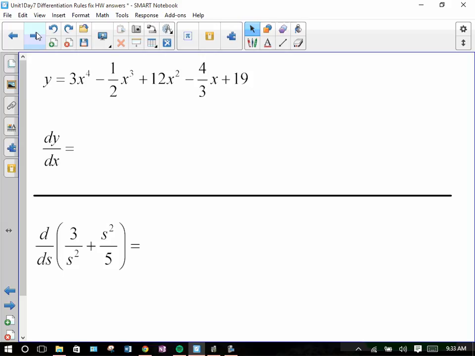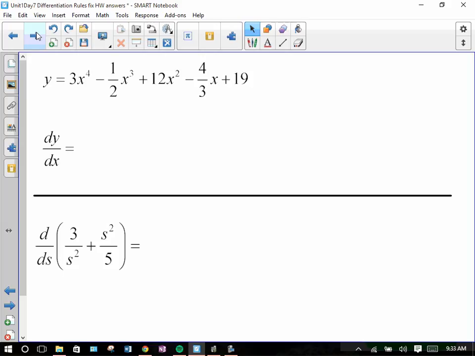But what we know is that the sum and difference rule of differentiation says that we can take the derivative of each one of these pieces separately. Those are all subtracted and added to each other. So we can take the derivative of this, and subtract the derivative of that, add the derivative of that, and subtract the derivative of that, and add the derivative of that.